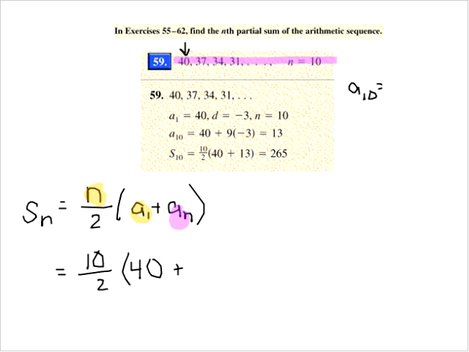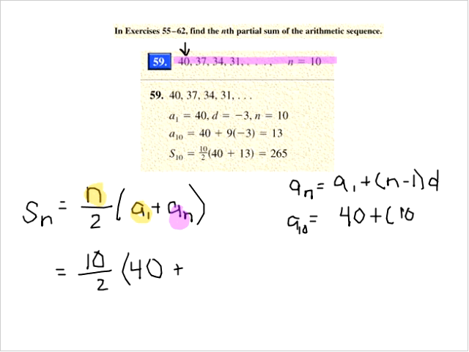To figure out what a sub 10 is, we're going to have to create a formula for a sub n. Remember, a sub n is a sub 1 plus n minus 1 times d. We're looking for the 10th term. I know my first term is 40, I know n is 10, and it looks to be that the difference is subtracting 3, so negative 3.